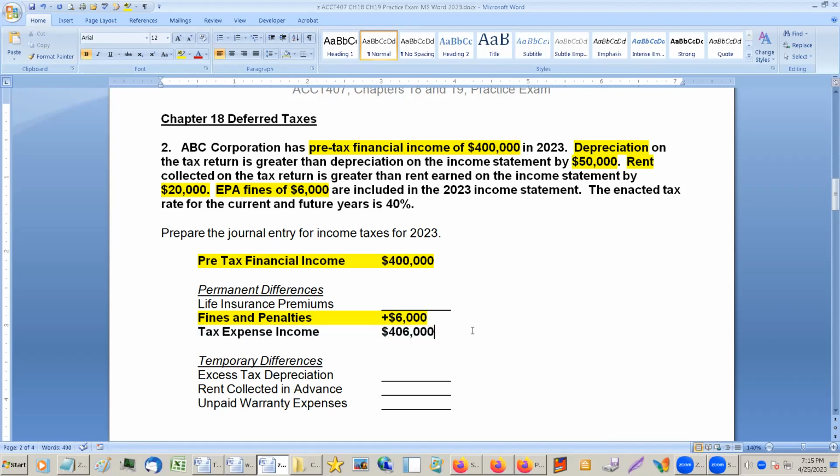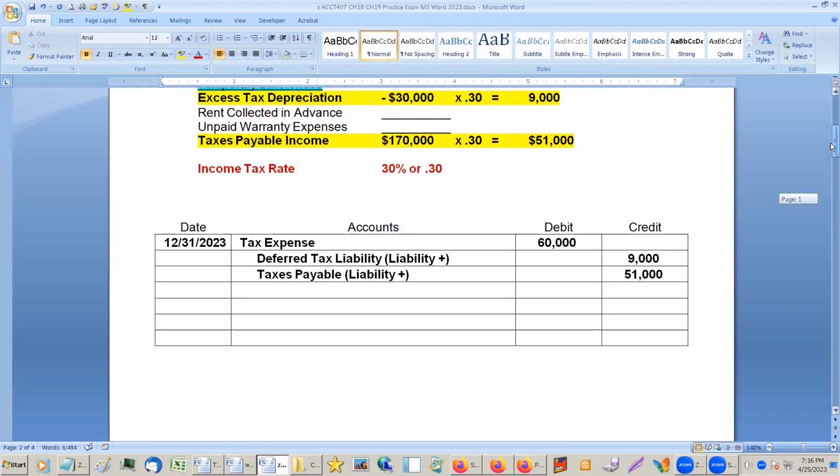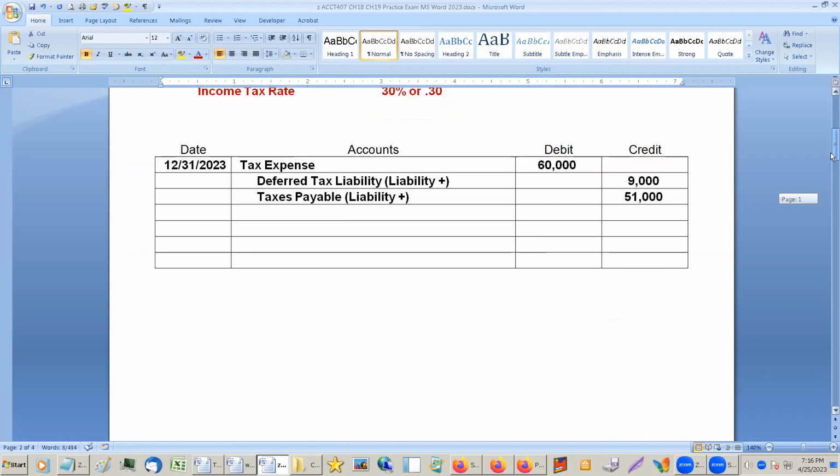It's not a temporary difference, it's a permanent difference. So that's going to be your tax expense, 162,400.